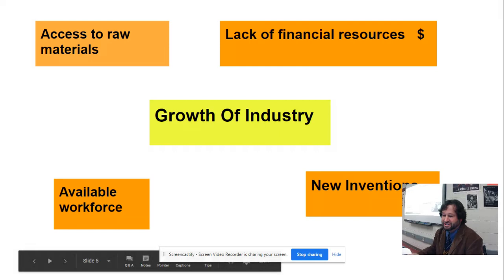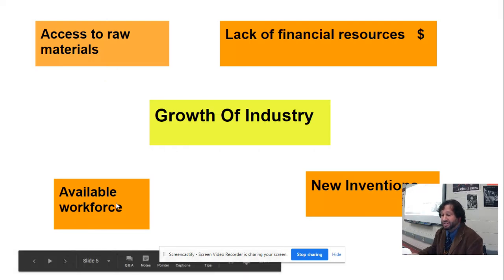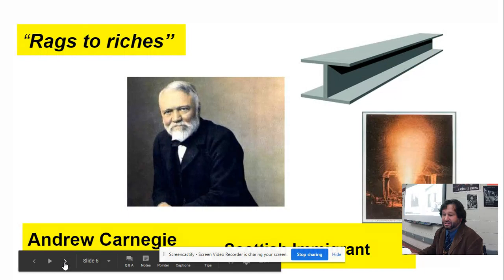New inventions, available workforce. So when you see an organizer like this that says growth of industry, the factors that led to it, access to raw materials, you had that immigration in, so available workforce, new inventions. But what's not a factor is the lack of financial resources. There was money out there. So keep that in mind.